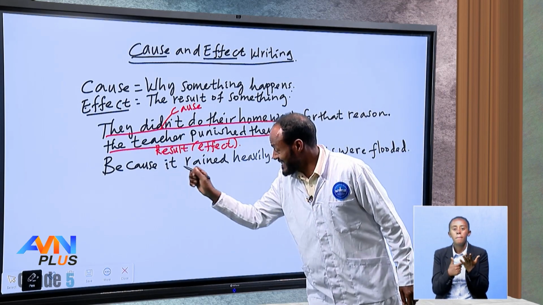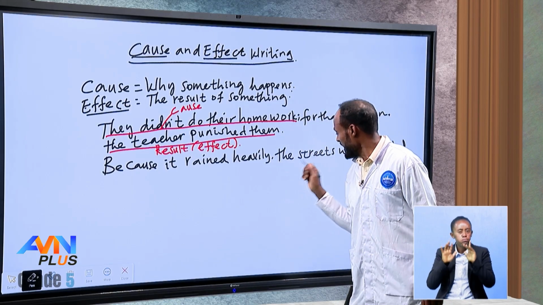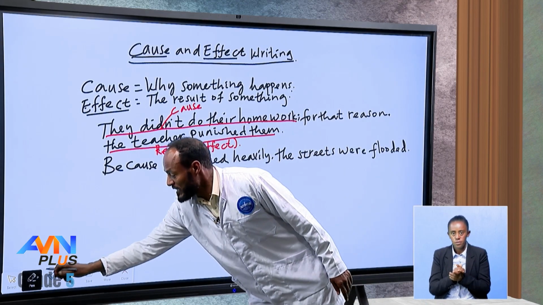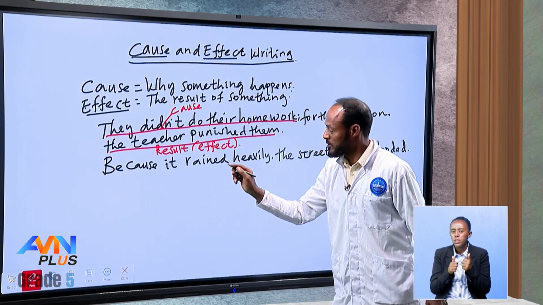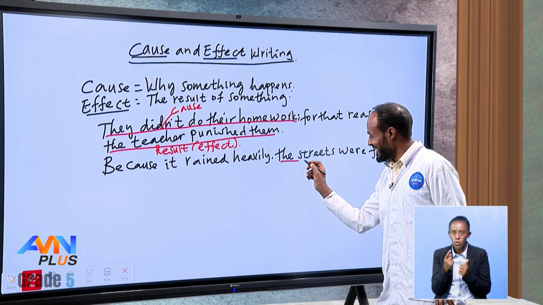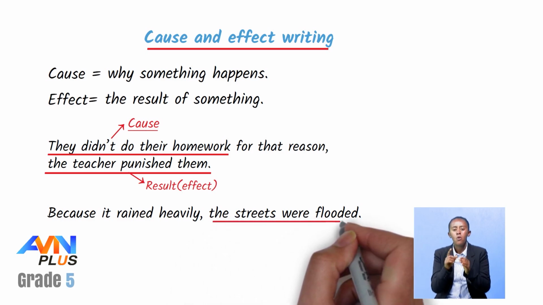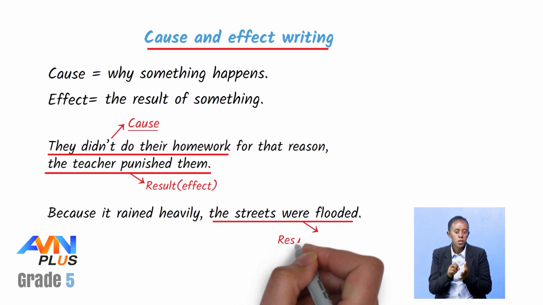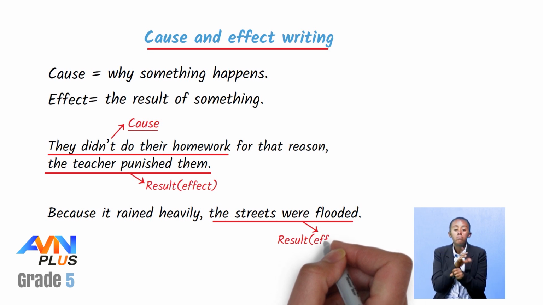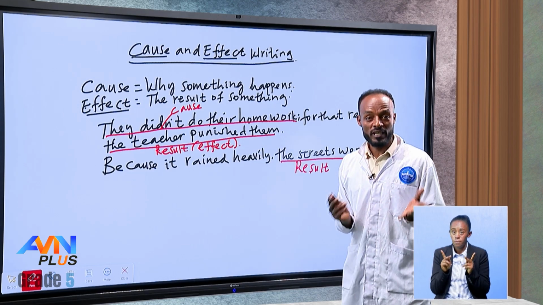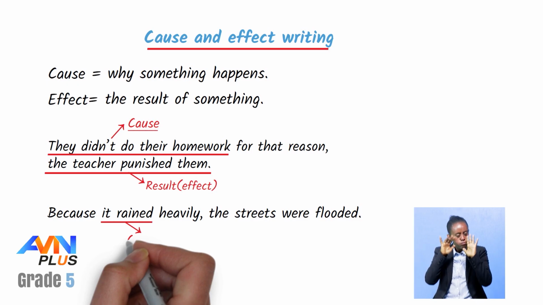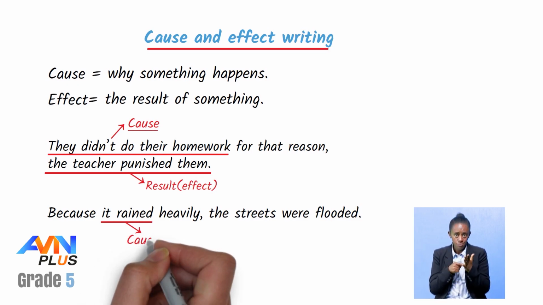Here, because it rained heavily, the streets were flooded. So, to identify which one is the cause, what about the streets were flooded? Is it the cause or the result? This one is the result, okay? So what about the cause? The cause is what? It rained heavily. So this one is the cause. Is it clear? Good students.